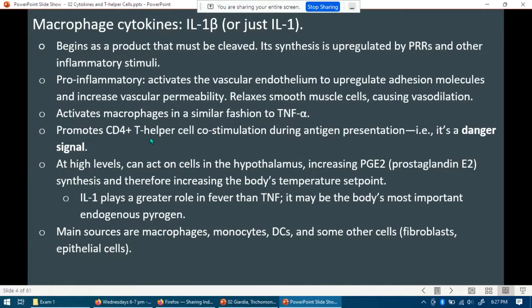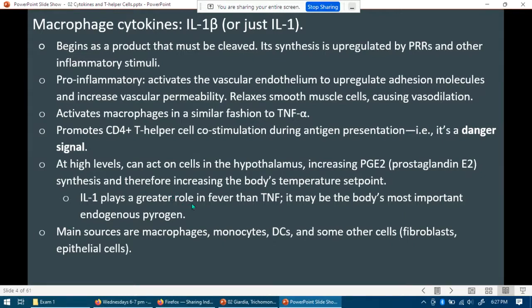It can promote CD4 positive T helper cell co-stimulation during antigen presentation, which means that it is what we would call a danger signal. Danger signal is just another word for co-stimulatory signal. Okay. At very high levels, IL-1 will act on the hypothalamus and cause fever.